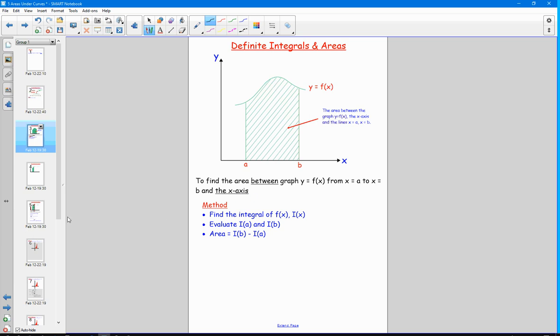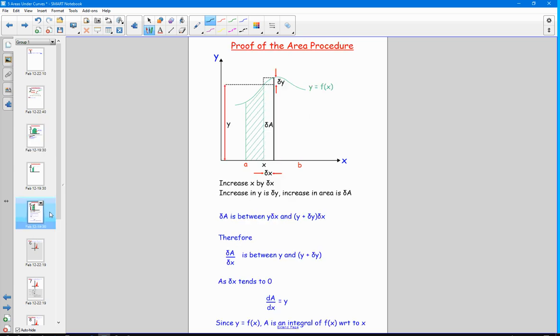So just thinking a little bit about where this comes from, if we have some area under a curve and we want to increase that area, and we can call that increase in area delta a, that increase is generated by increasing x by a very small amount, delta x, and also the height of our rectangle, as it were, would increase by a very small amount, delta y.